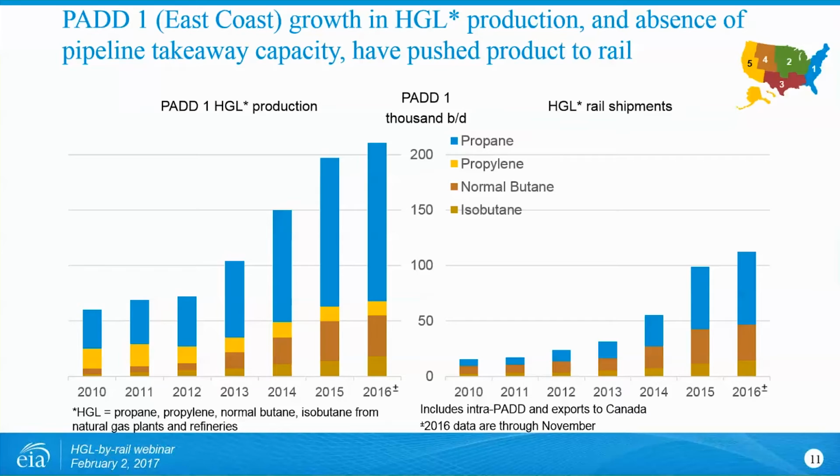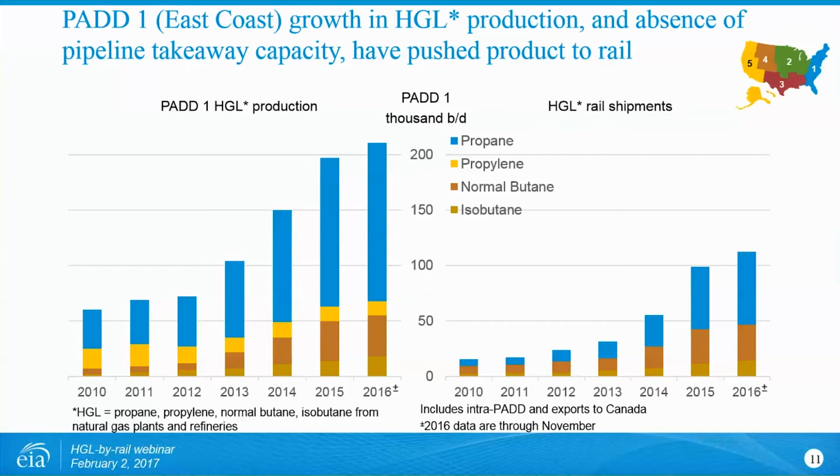Production of hydrocarbon gas liquids, and especially natural gas plant liquids, so propane, normal butane, and isobutane, has really taken off in PAD 1. And if you were looking at just interpad transfers and looking at the pipeline and marine shipments, you would assume, and safely so, that a lot of that production is remaining in PAD 1.